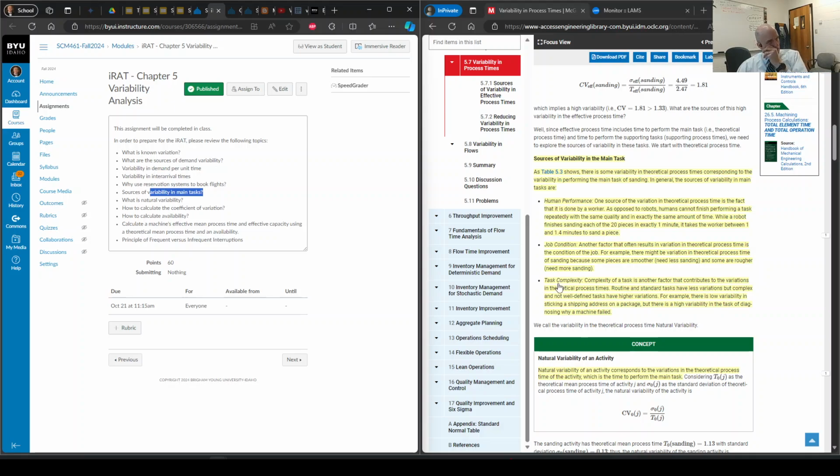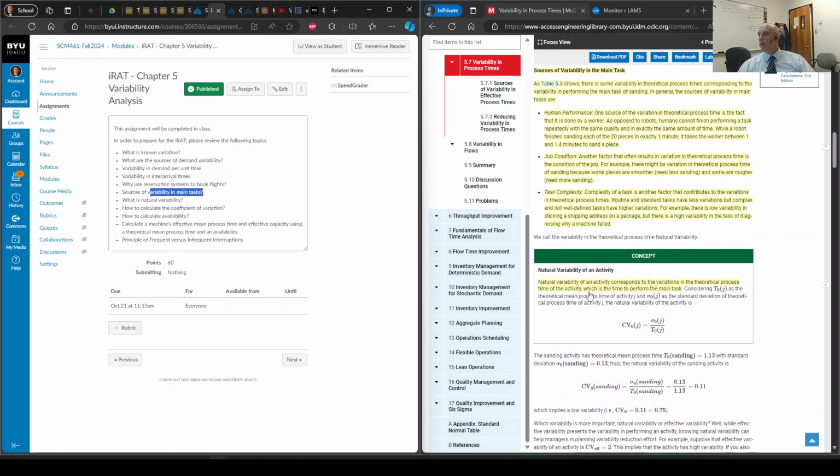The next question is, what is natural variability? Which is right below this. Natural variability of an activity corresponds to the variations in the theoretical process time of the activity, which is the time to perform the main task. So these are the embedded or the included variation that happens just in the main task. This natural variation.